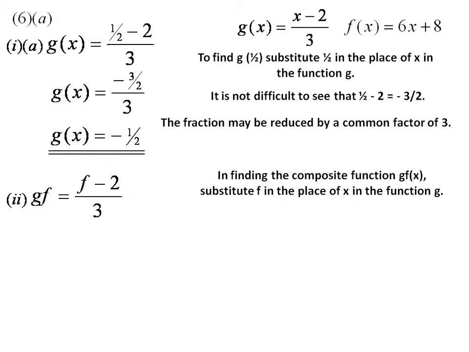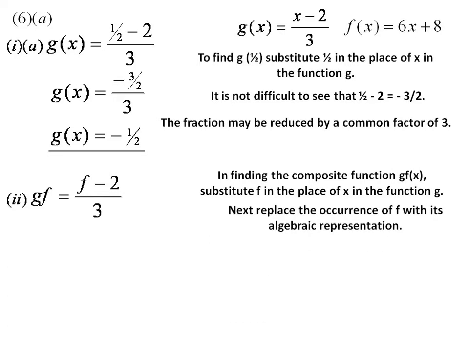But by saying g of x is (x minus 2) over 3 and g of f is (f minus 2) over 3, then we have guarded against such a mistake, and we have an initial step that demonstrates that we know exactly what we are doing. Next, replace the occurrence of f with its algebraic representation. So where we see f, we put the algebraic representation of f. What is f? 6x plus 8. Put that in there.